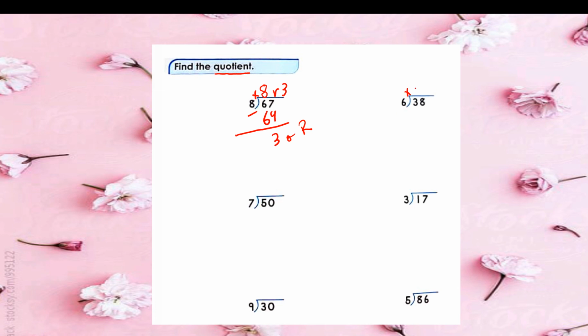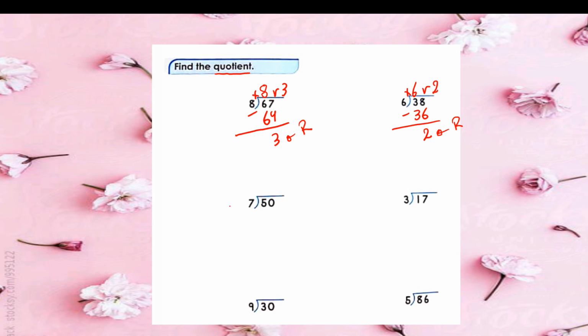Great job, 6. I know that 6 times 6 equals 36. Now we subtract. 38 minus 36 equals 2. Can you divide 2 by 6? No, we can't because 2 is less than 6. So this number we call the remainder. The answer is 6 with a remainder equal to 2.